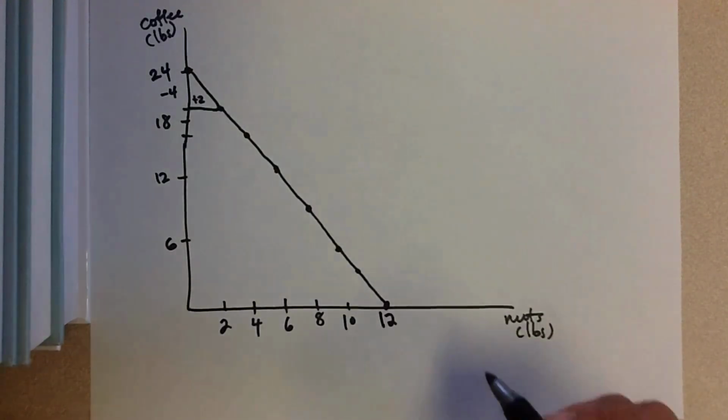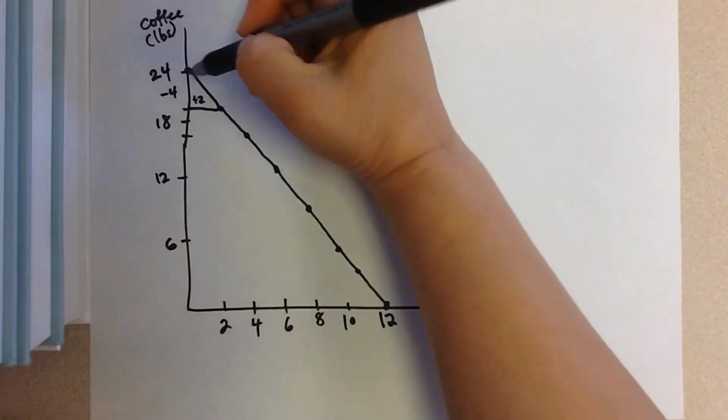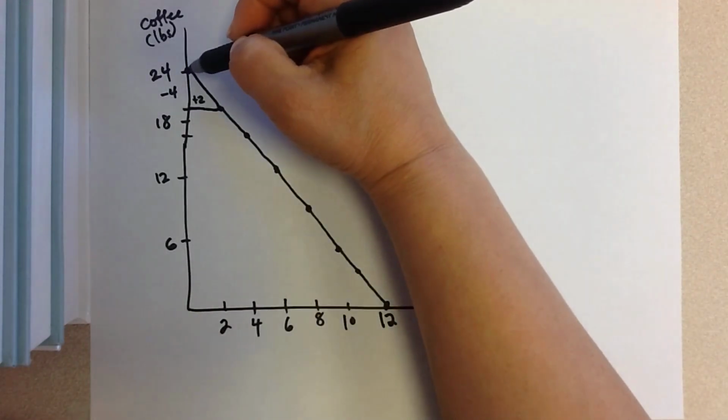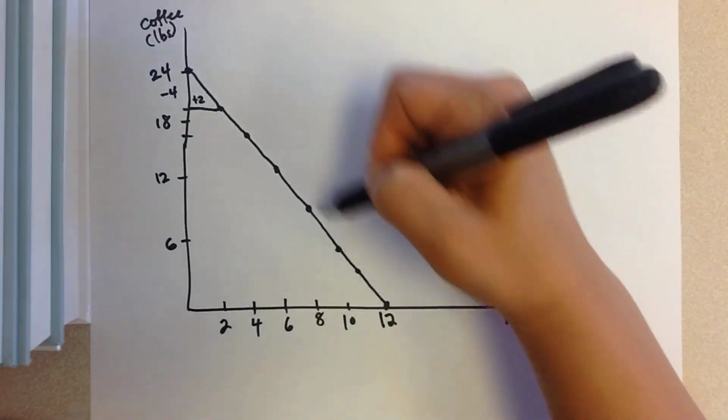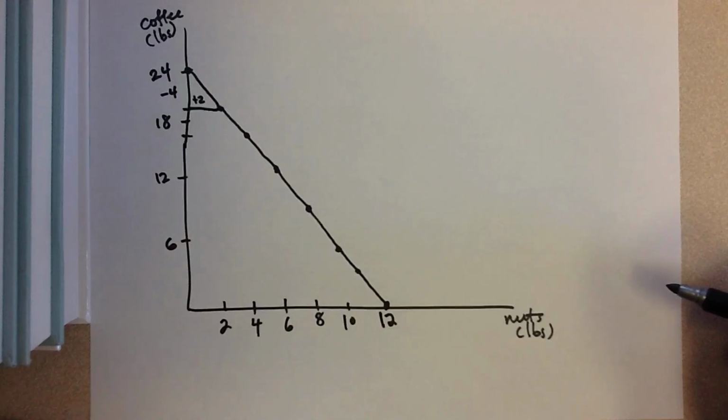Like that. So these are some of the points that we put in our table, and basically everything in between. I mean, she could just spend half an hour. It's a continuous line here, and all these combinations of coffee and nuts are what's available to her.